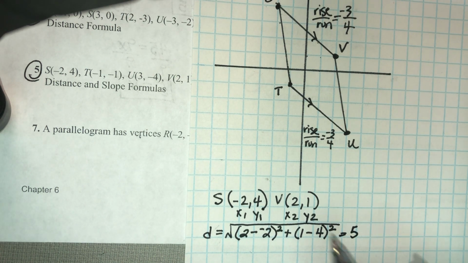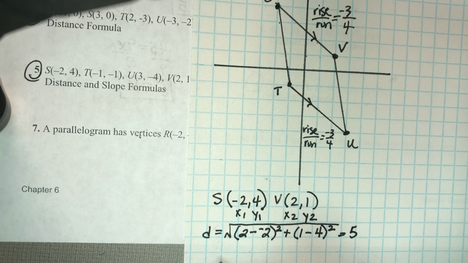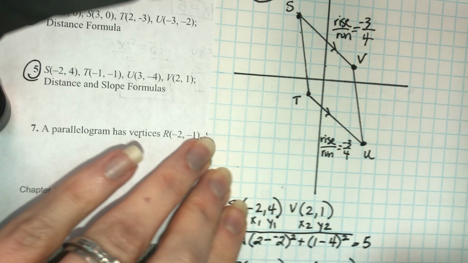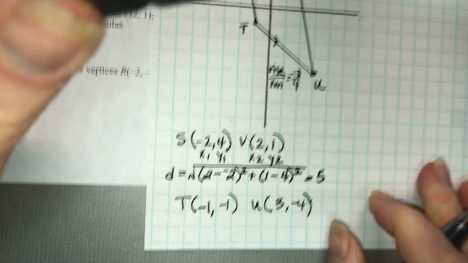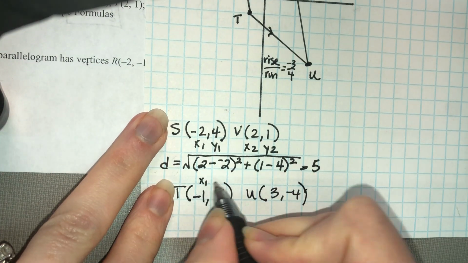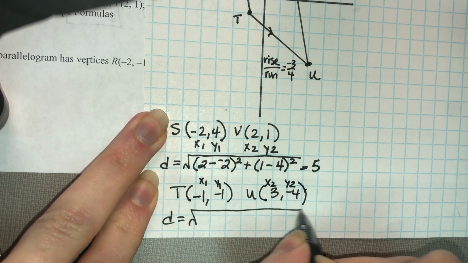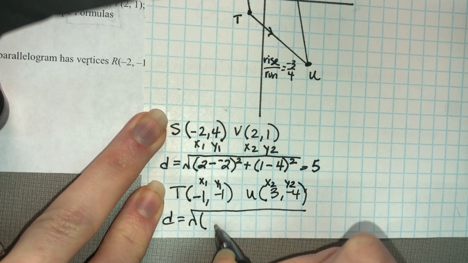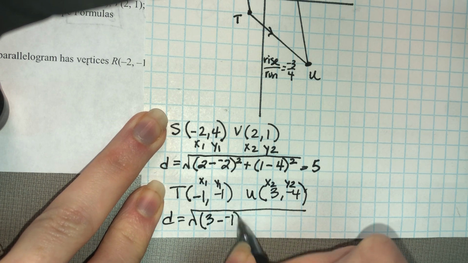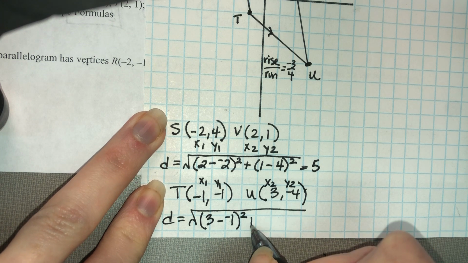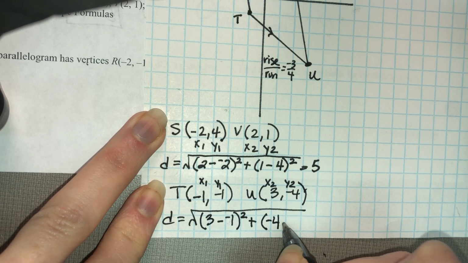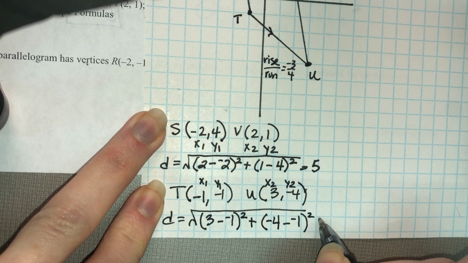Okay, so now we need to find the length of TU. So T is at -1, -1, and U is at 3, -4. So we will label these x1, y1, x2, y2, and put them in the distance formula. Starting with x2, 3 minus -1, close parentheses, squared, plus y2, -4, minus y1, -1, close parentheses, squared.